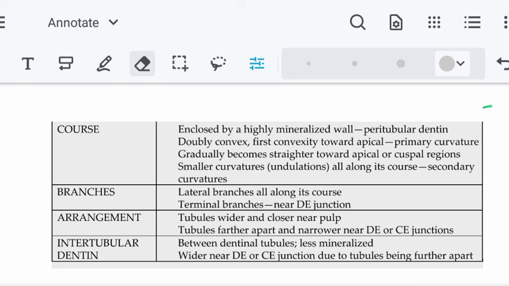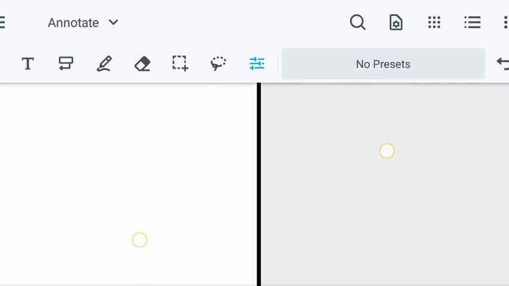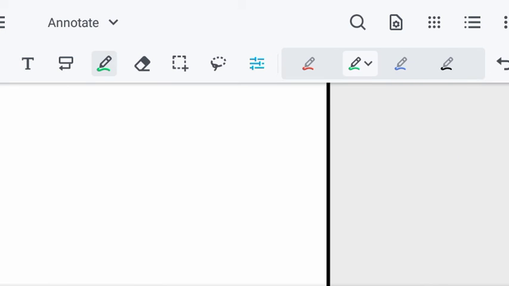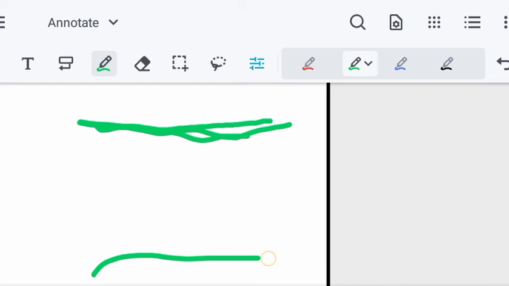I'll show you here again if you're confused. See, this is the enamel surface here. This is the dentin enamel junction. This is the pulpal surface.